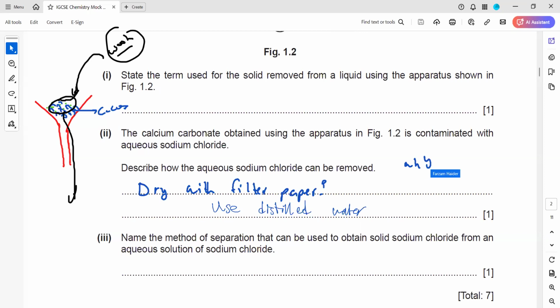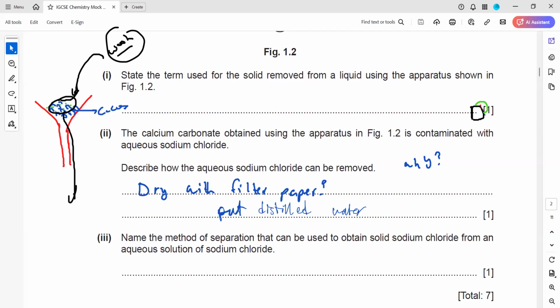Let's think about what might happen. This is aqueous sodium chloride, meaning water is there and that water has dissolved sodium chloride. Let's say the red dots are representing sodium chloride.